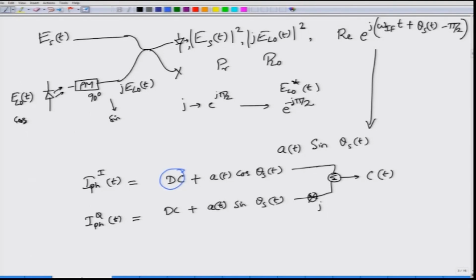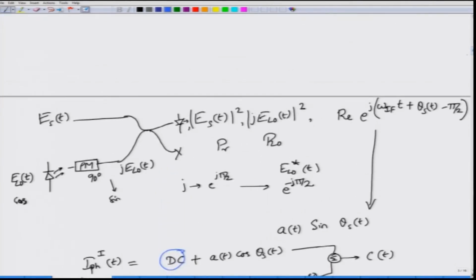Yes, there is. In fact, if you look at this other port which we have neglected here, rather than neglecting it, let us put it to some use. See what you get at the output. What you get at the output after the photodetector will be the mod square of E_LO of t, and instead of having the real part of something over here with a plus sign, you get a minus sign.